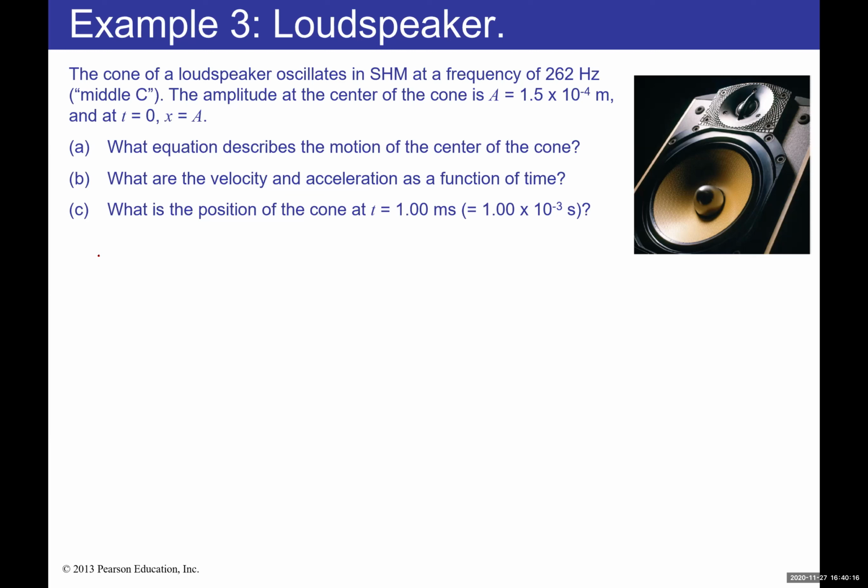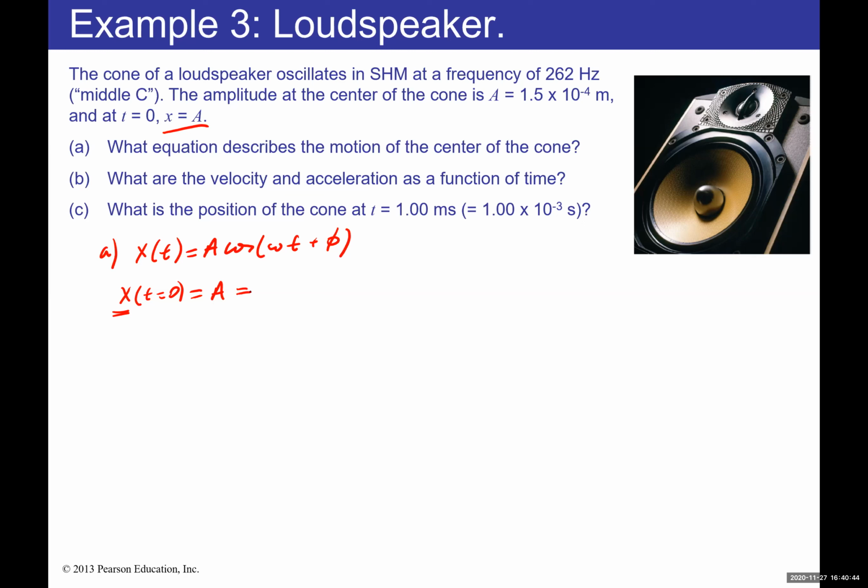All right, so for part A, we have x as a function of time equals A cosine of omega t plus phi. Now let me show you why phi equals 0 when x equals A. We are told that when t equals 0, the position x is A, so that's given information.